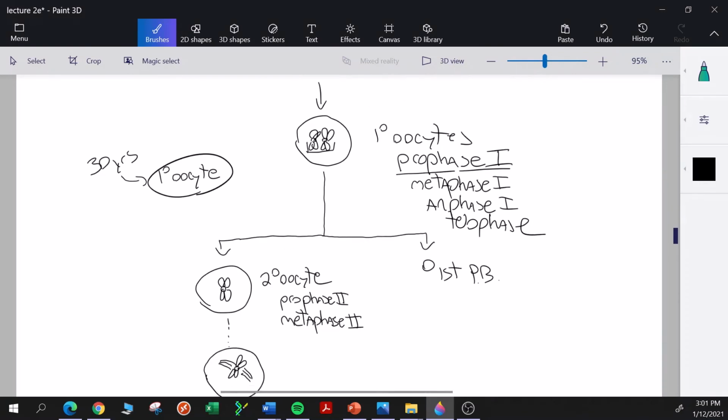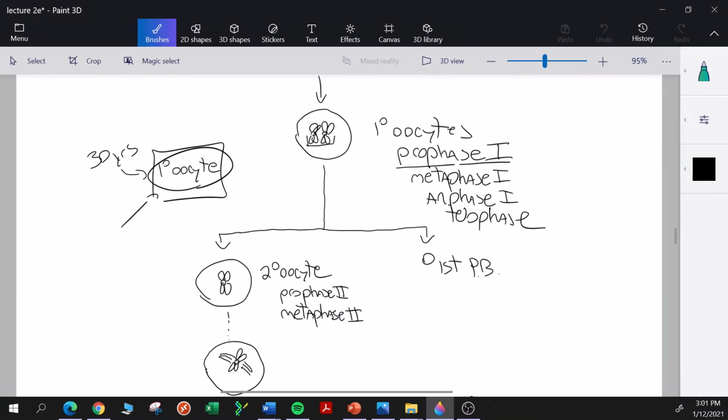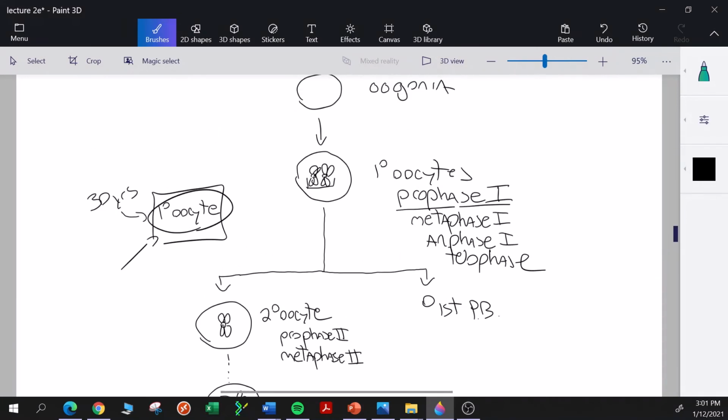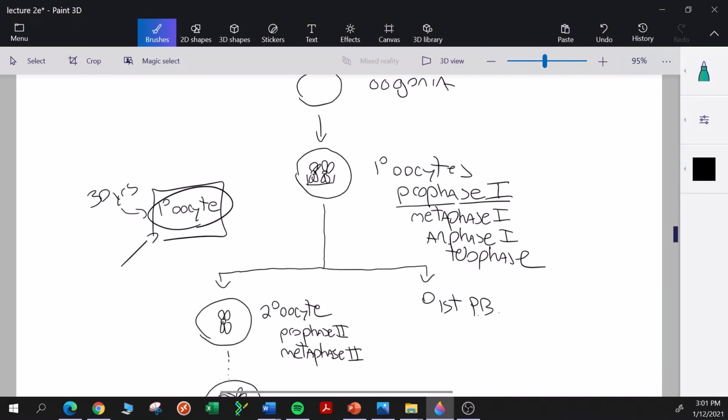That cell was stalled in meiosis 1 in my wife's ovary for 30 years.